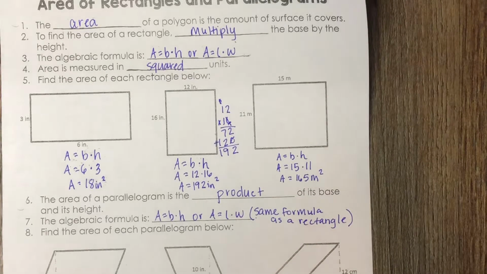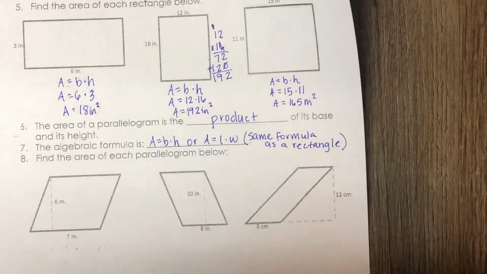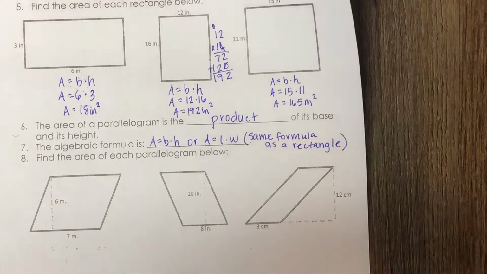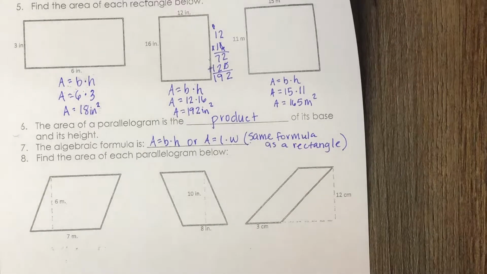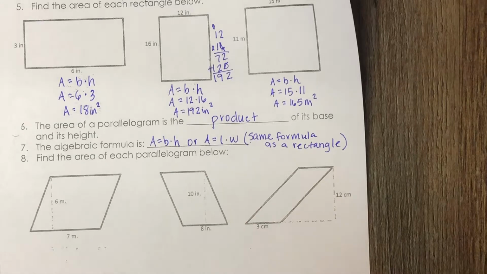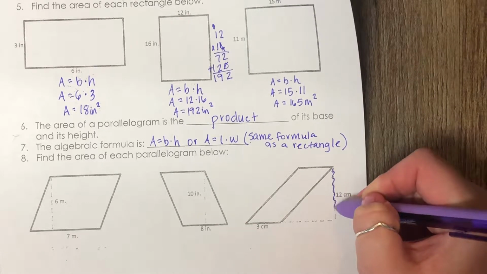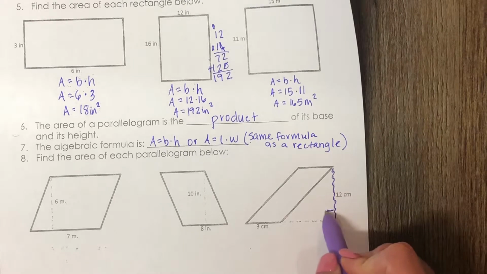Okay? And now looking at our examples, I want us to start with this third example because it looks a little funny. In order for you to have the height of a shape, it has to hit the base perpendicularly. Well, because this is a parallelogram and it's slanted, they put our height on the outside. So this line right here makes a 90-degree angle.